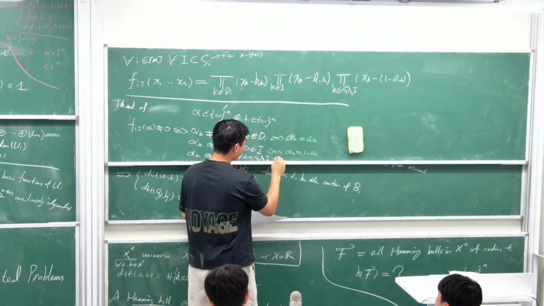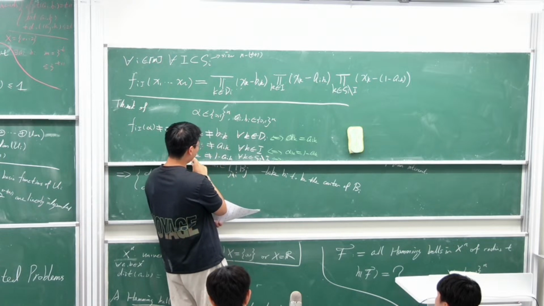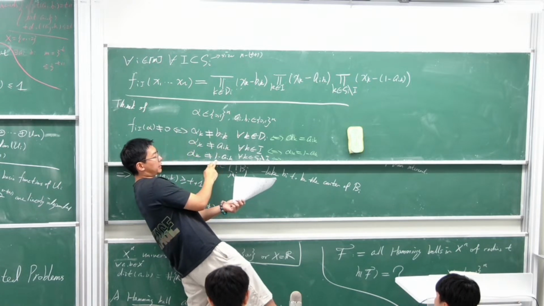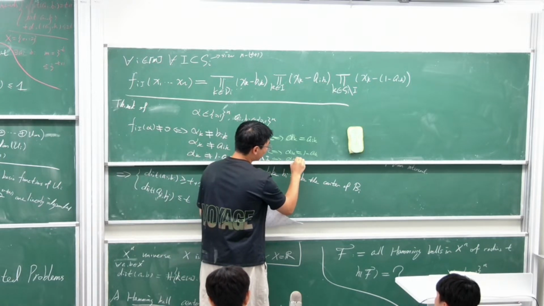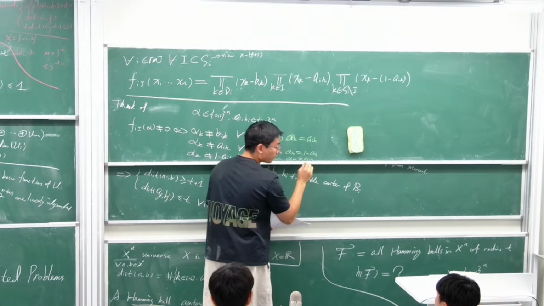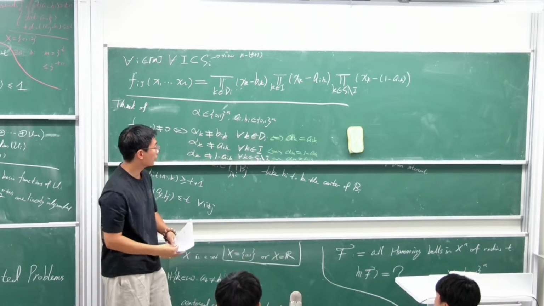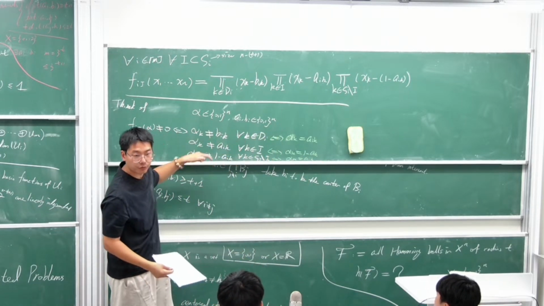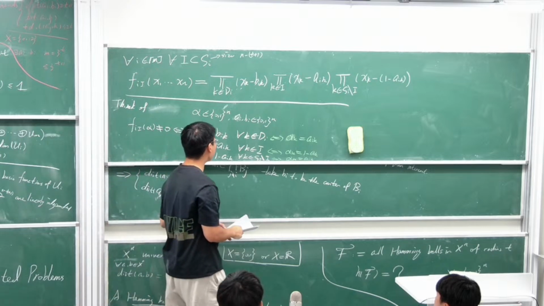And the last one is not the same as 1 minus a_ik, so it must be a_ik. This is the condition we get from the three things, given that they are binary.